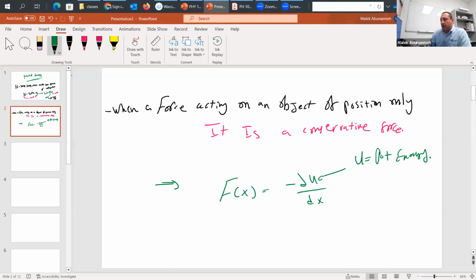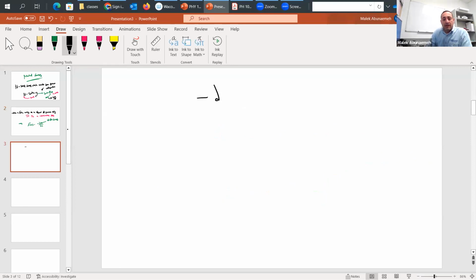Now, to solve the integral for this form, let me go ahead and write that down on the other page. So you've got minus dU over dx equals F of x.